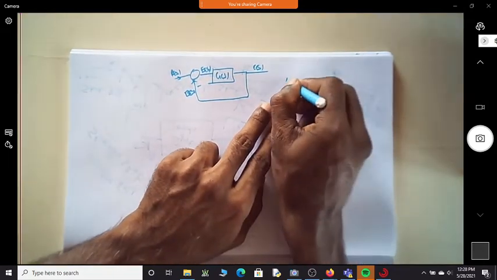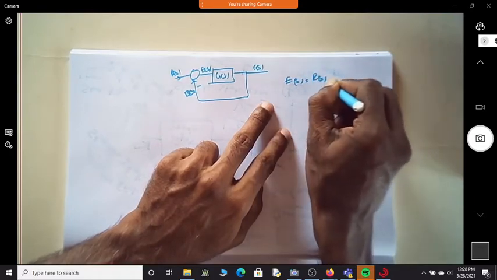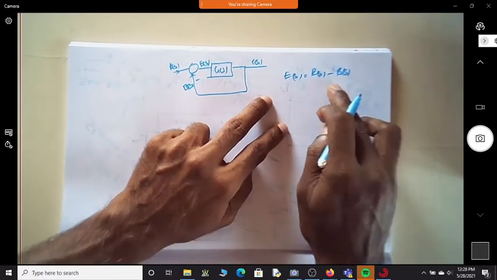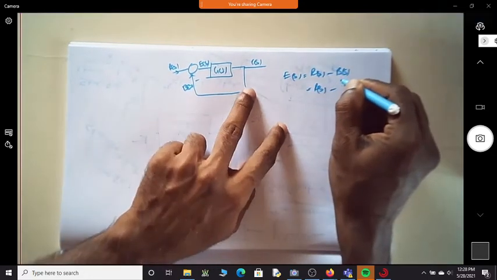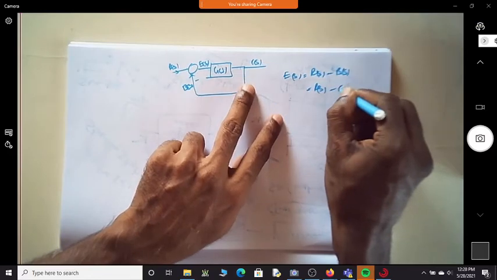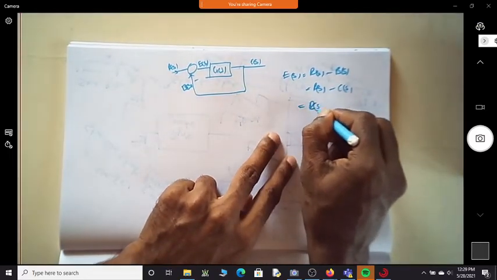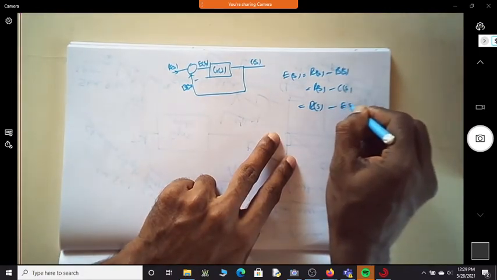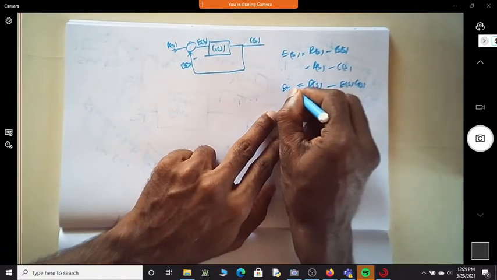So shall I write E(s) as equal to R(s) minus B(s), the feedback signal? This B(s) is nothing but C(s) because of unity feedback. Then can I write this further as E(s) into G(s), where G(s) is the forward transfer function?